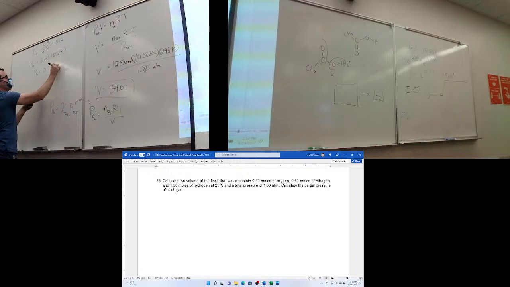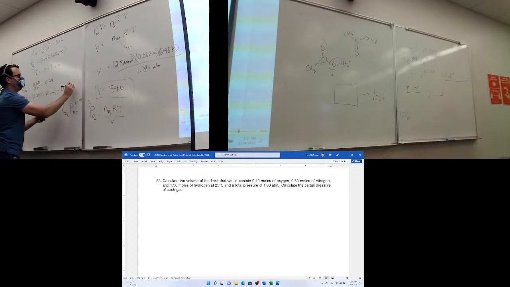Just going to round it really briefly. Keep going. Partial pressure of nitrogen: the mole fraction is 0.6 over 2.5, 0.24. And then the partial pressure of nitrogen is 0.24 times the total pressure, 1.8, which happens to be 0.43 atmospheres.